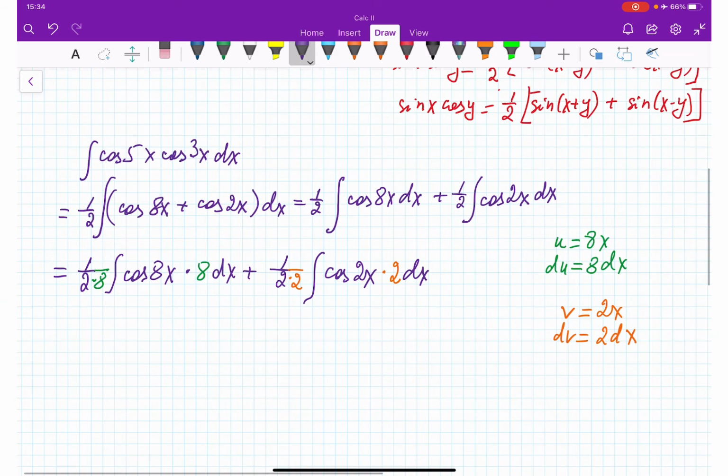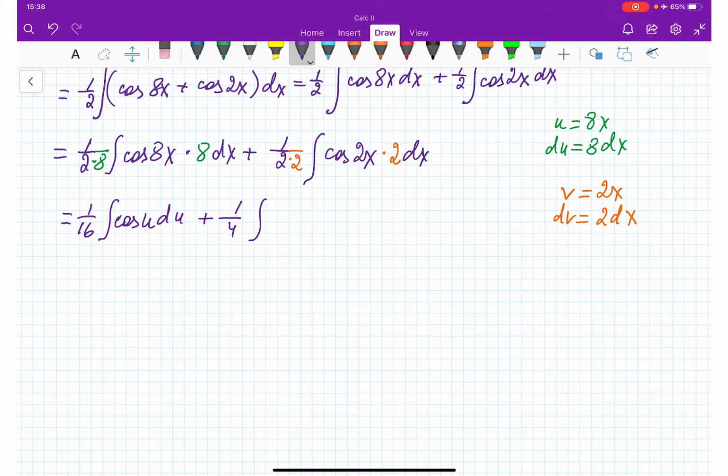Okay, from here we are going to get 1/16 integral cosine u du plus 1/4 integral cosine v dv.